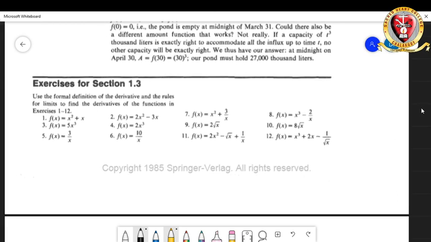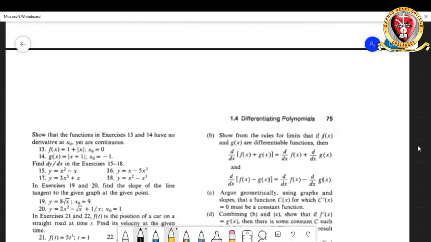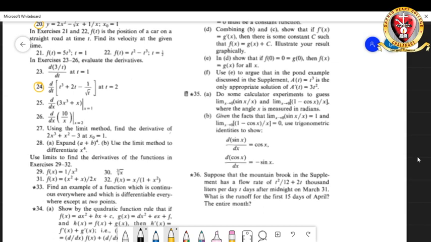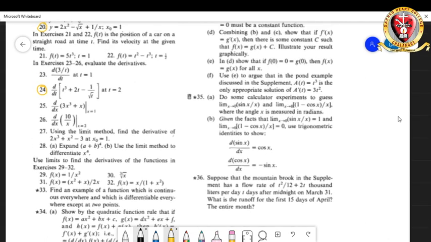After the section, you can solve and find derivatives of the questions we are going to mention: 2, 9, 12, 20, 24, 25, and close this section.